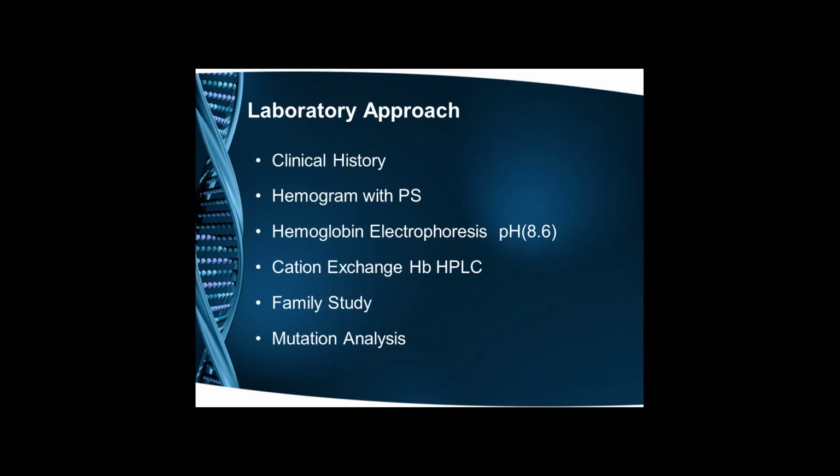So when we go about the approach towards a diagnosis, what we should keep in mind is, as I said, a clinical history. Then we should have a hemogram that all of us routinely do. We should always make a peripheral smear and look at it. Next is the choice of method.